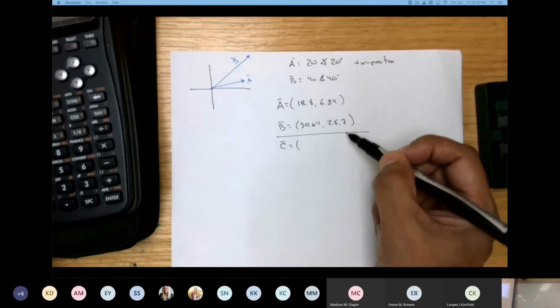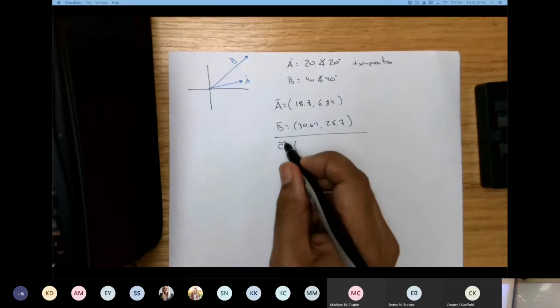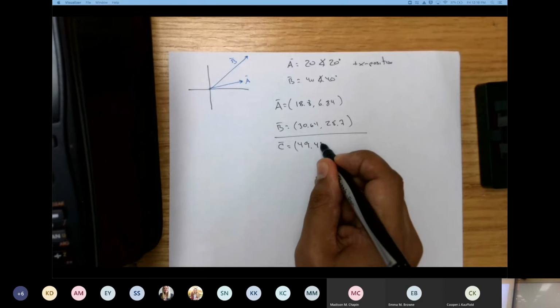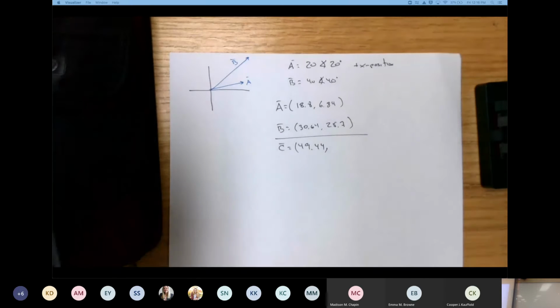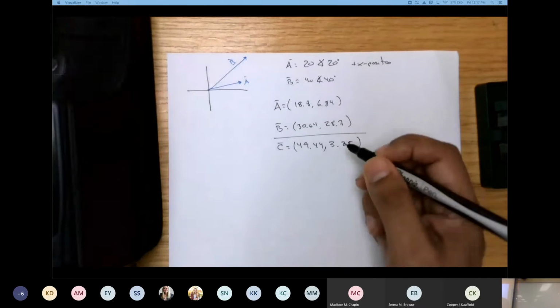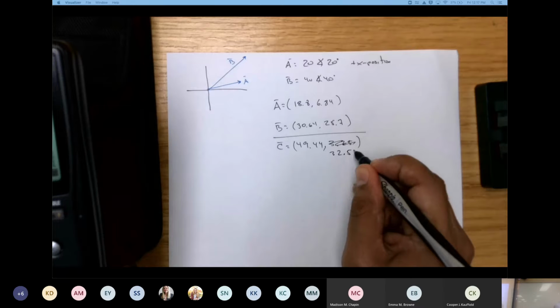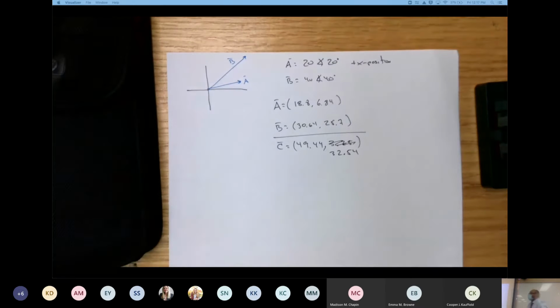So I end up with 49.44 and 32.54. Okay. Now those are the components of vector C.